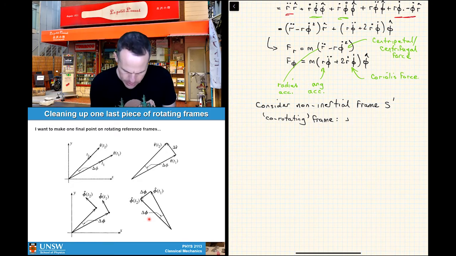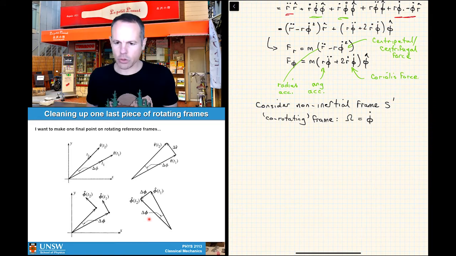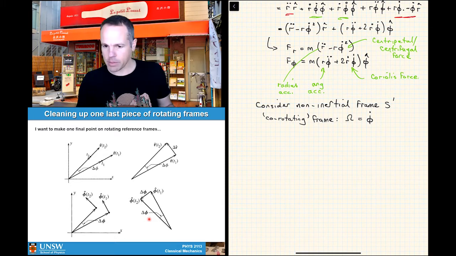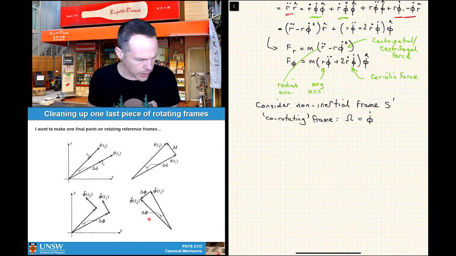So the important thing about this co-rotating frame that we can write down straight up is that its rotational velocity omega, and that's big omega, is equal to phi dash, right? We set it to be the same as the rotation of the object, okay?